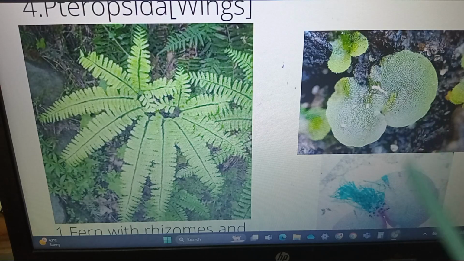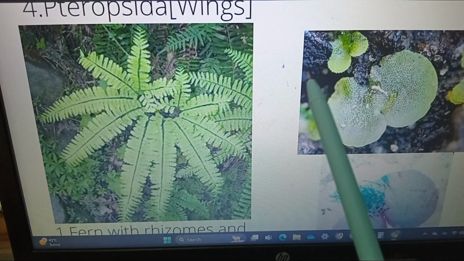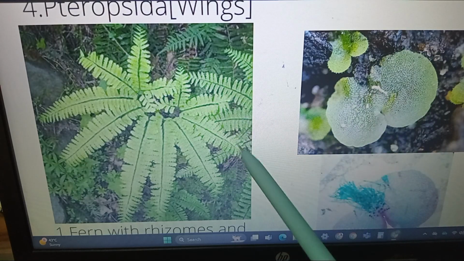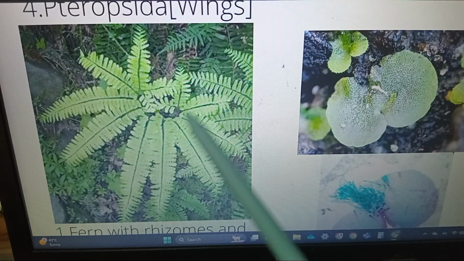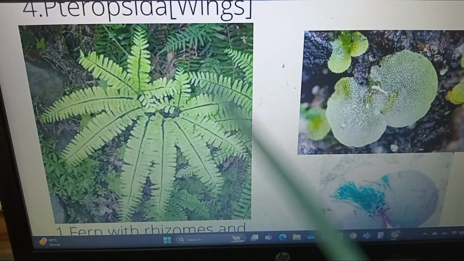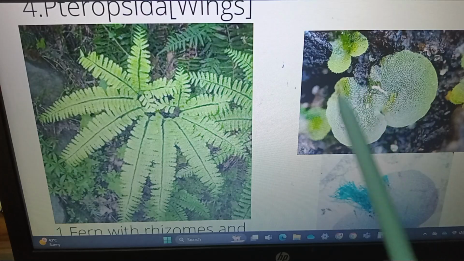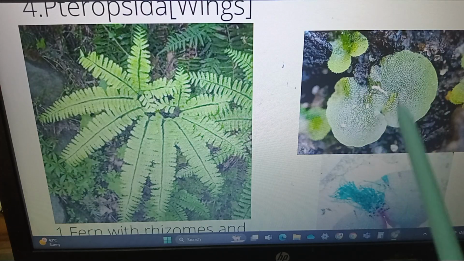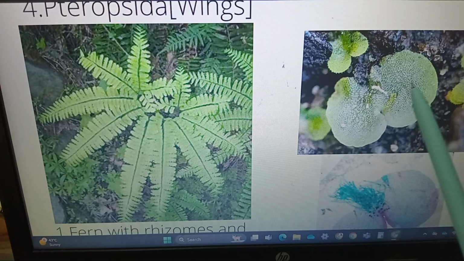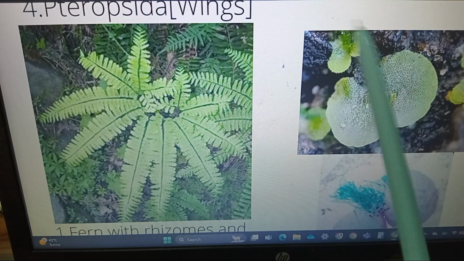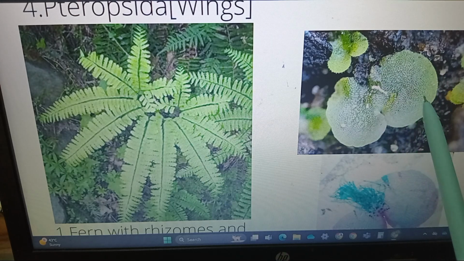So this is the life cycle of the pteridophyte. Here in pteridophyte, the main body is the sporophyte. The gametophyte is small, inconspicuous, the prothallus, which is multicellular, green, and independent of the sporophyte. It lives away and will produce the gametes.